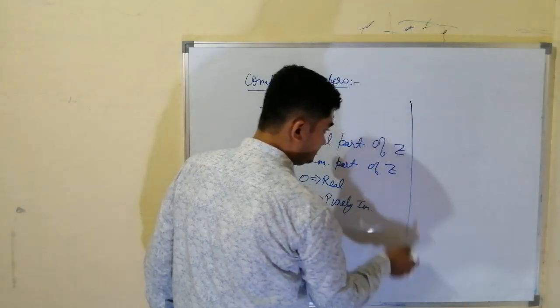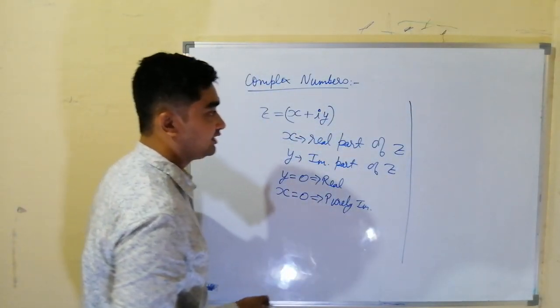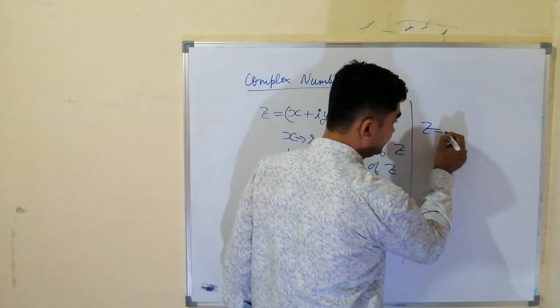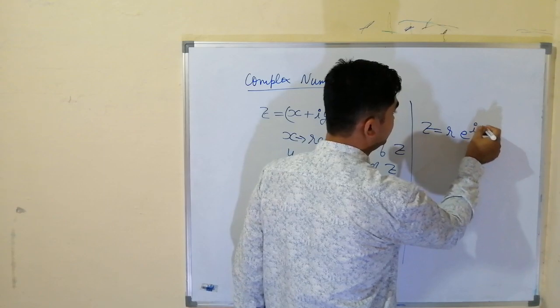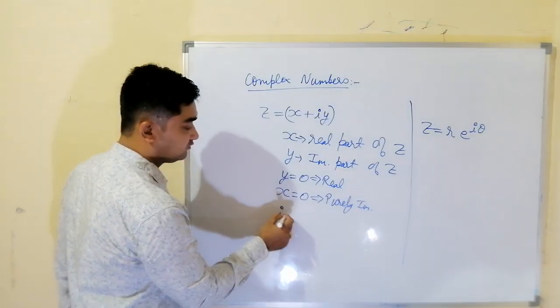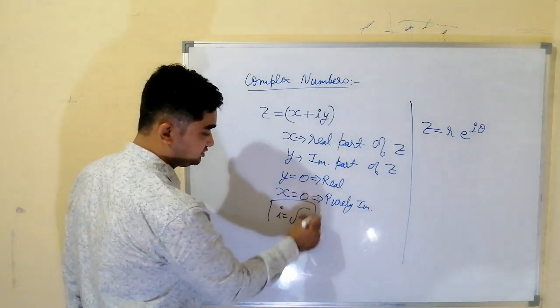Now, this complex number z can also be written in Euler form. What is that Euler form? It is r e power iota theta. Iota is under root of minus 1. All these things you know.